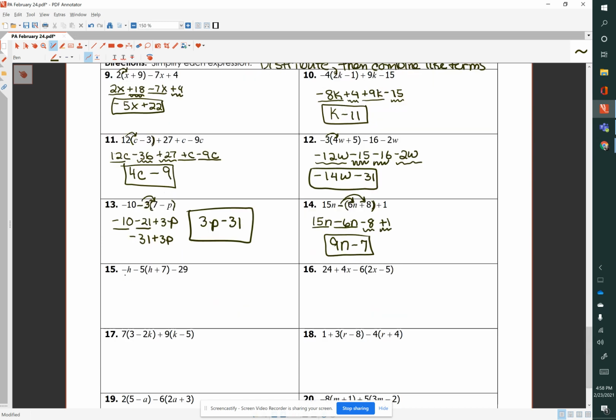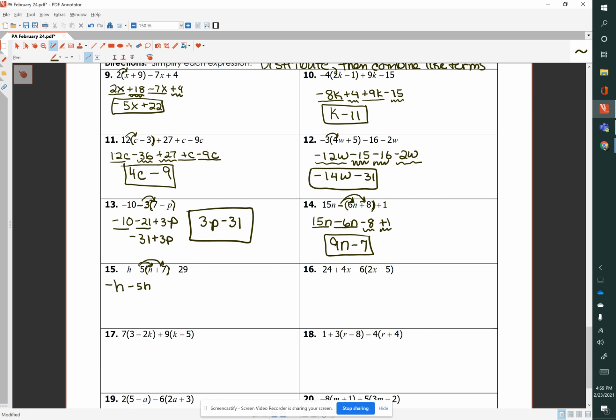Now, number 15: negative h minus 5 times the quantity of h plus 7 minus 29. There's an invisible 1 in front of h. So we will distribute negative 5 through h plus 7. We start by writing our negative h. Negative 5 times h is negative 5h.